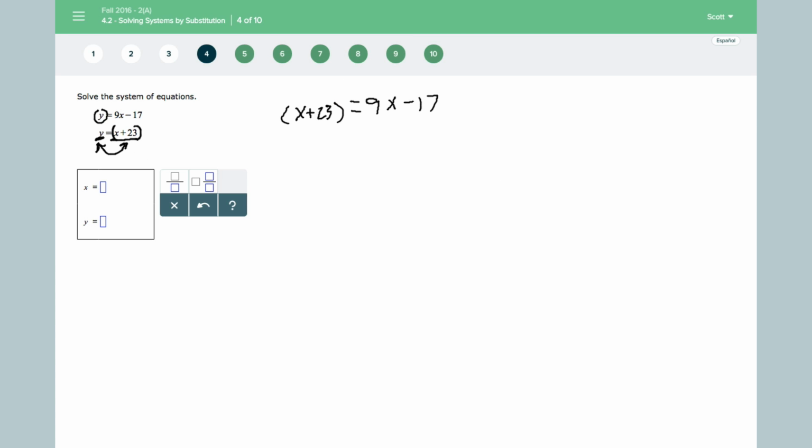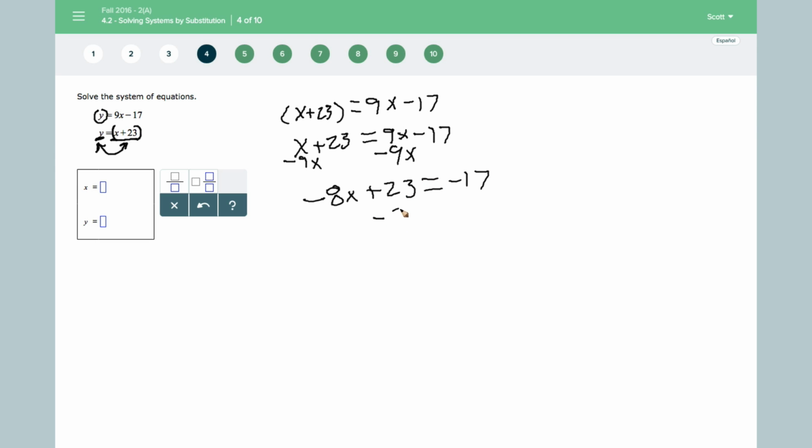So now I distribute. There's nothing to distribute, just the 1 right there. So I have x plus 23 equals 9x minus 17. And from here I just solve for x. I've got an x on both sides. I need to change that, so I'm going to minus 9x, giving me negative 8x plus 23 equals negative 17.